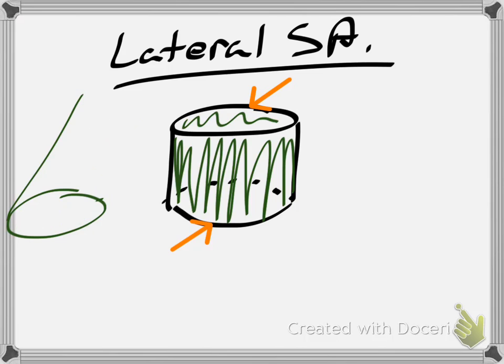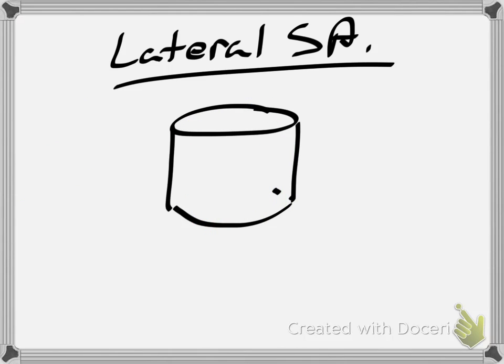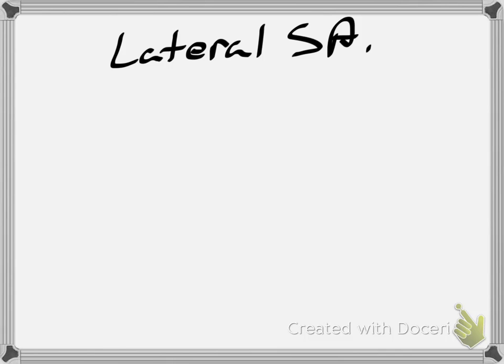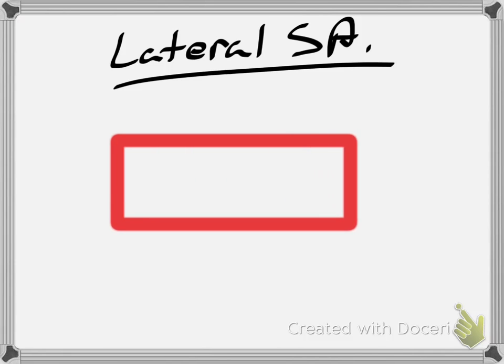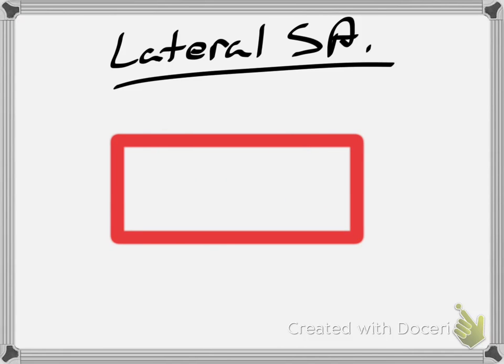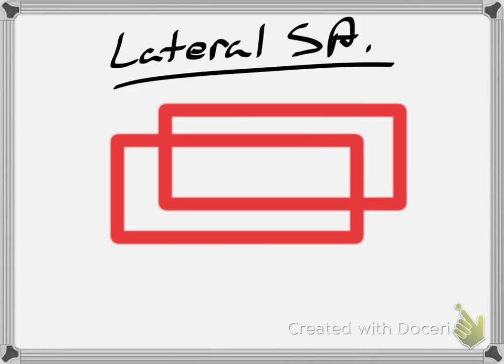And everything has lateral surface area, even an aquarium, which is one of the most popular ones. Let's say we have an aquarium right here. If I can draw one. There's an aquarium. It's filled with fish and stuff like that.